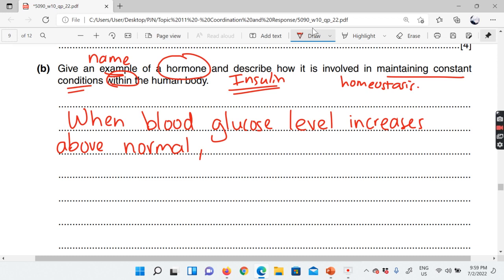Okay, so there I have talked about the fact that glucose level is above the normal. So what happens now? I want to be a little bit extra, and I want to include the brain, or part of the brain. There's part of the brain that detects this, and that's the hypothalamus.